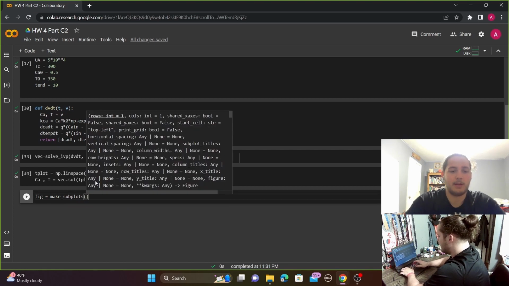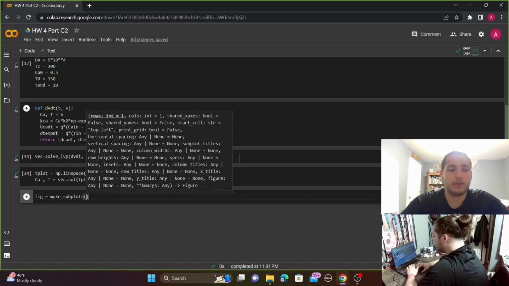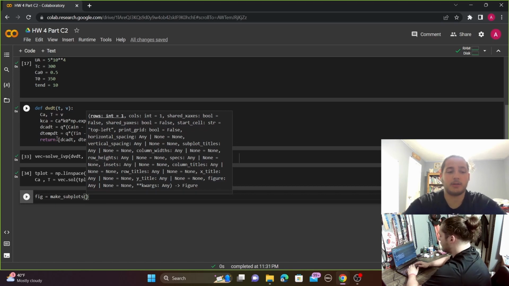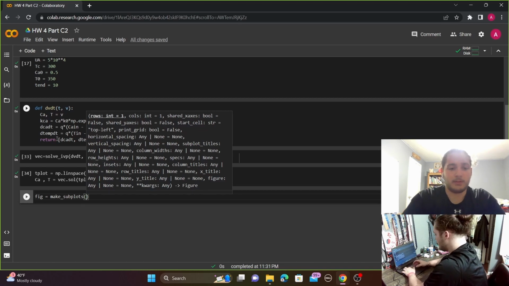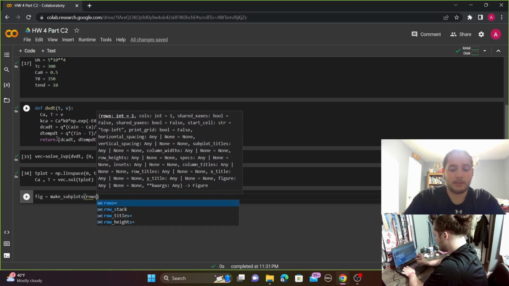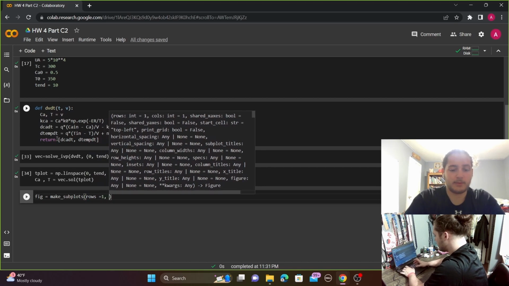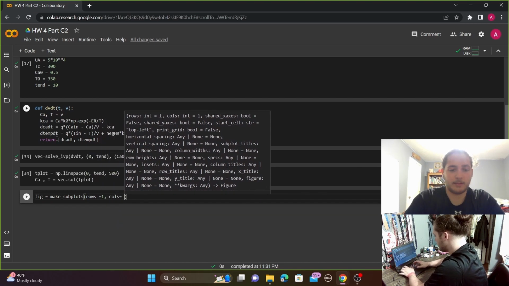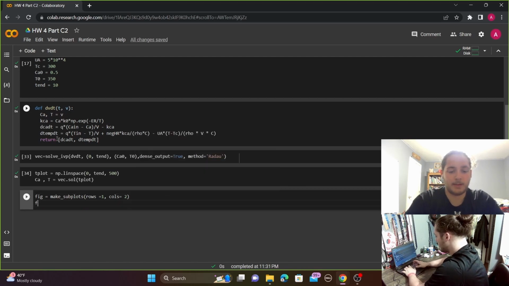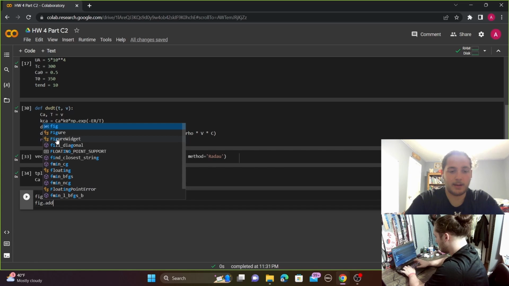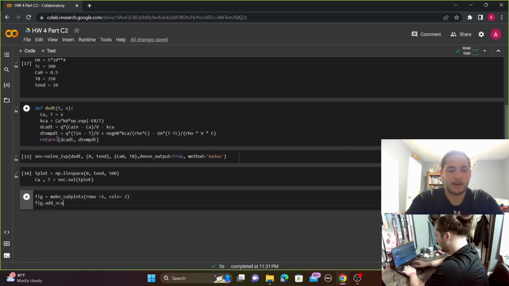Now we're going to go fig is equal to make subplots, and again we are solving for two different unknowns, and that is the concentration and temperature. So in order to plot the two all at once, we are going to need to initiate rows and columns into our code. So now we can go fig.add, we're adding a scatter.